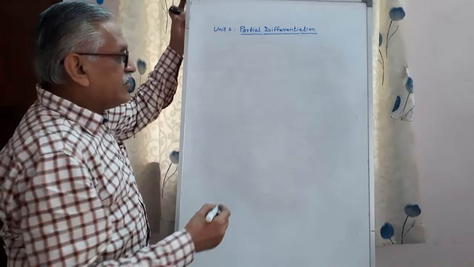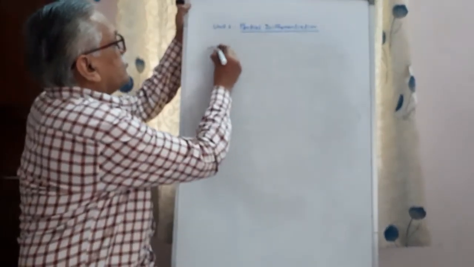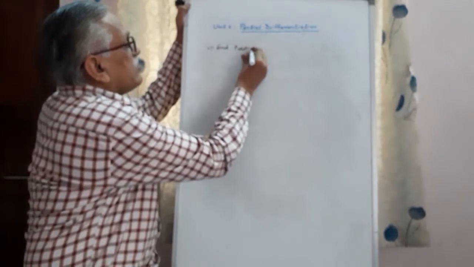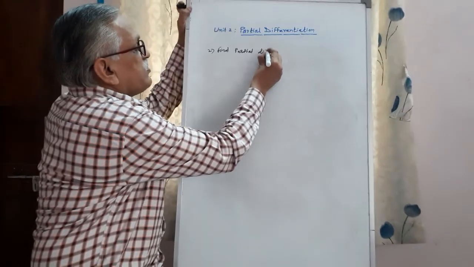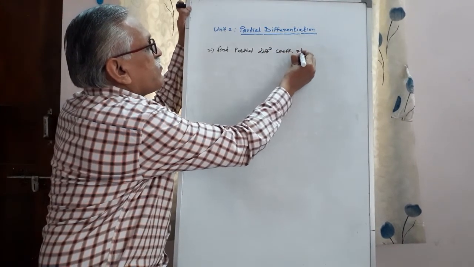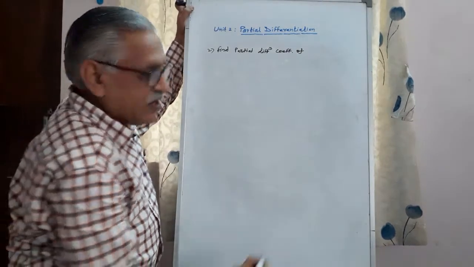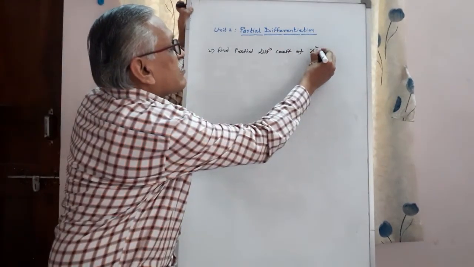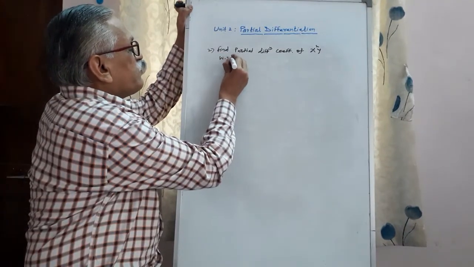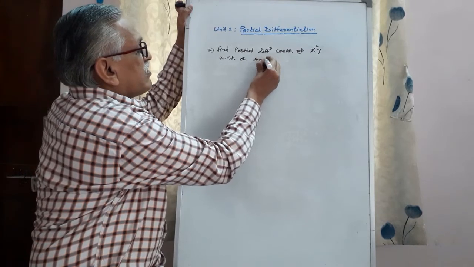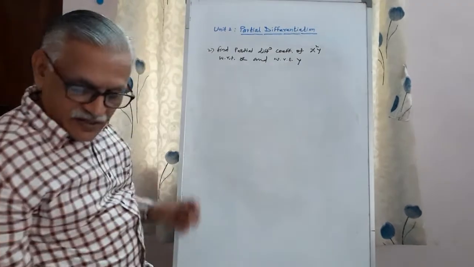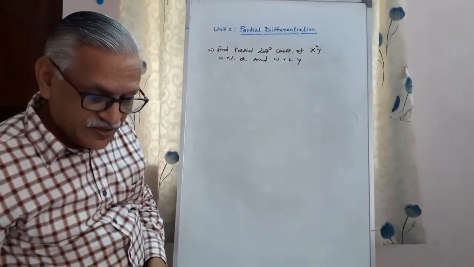Find the partial differential coefficient of x square y with respect to x and with respect to y. That is the first part of the question.